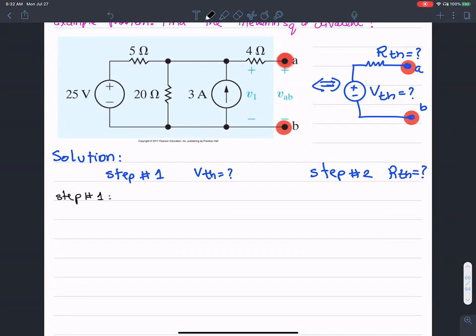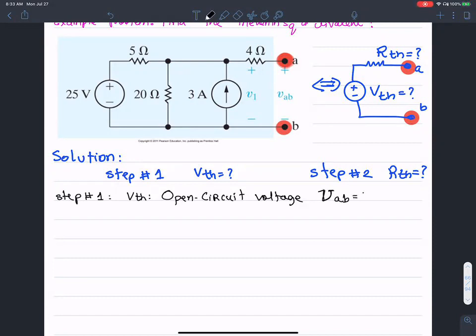So step one is finding VTH. VTH is defined as the open circuit voltage across terminals A and B, VAB.